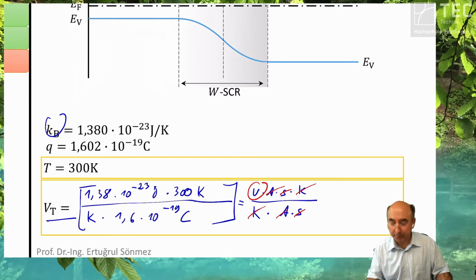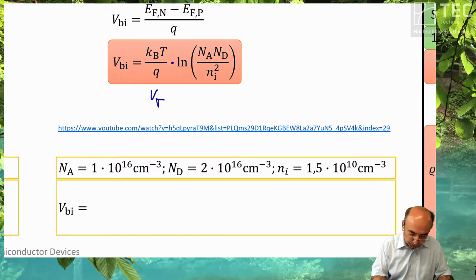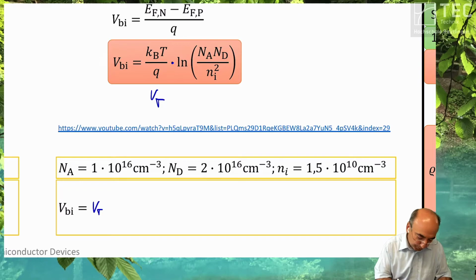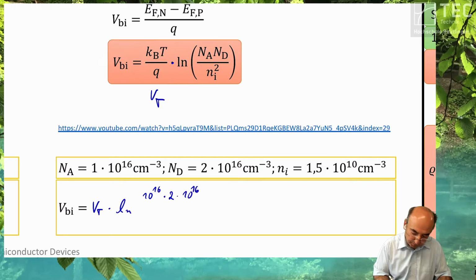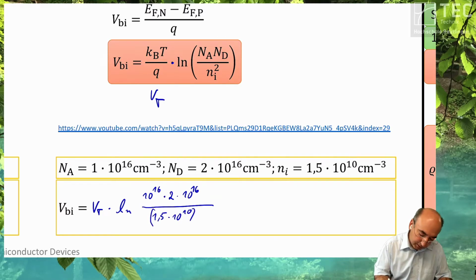This is the only reason why I have put in here this calculation area. And the built-in voltage we should really calculate with these values here. So the built-in voltage is the temperature voltage, we take the value out of the spreadsheet, times the natural logarithm of Na, 10 to the power of 16, times Nd, 2 times 10 to the power of 16, divided by 1.5 times 10 to the power of 10 squared.